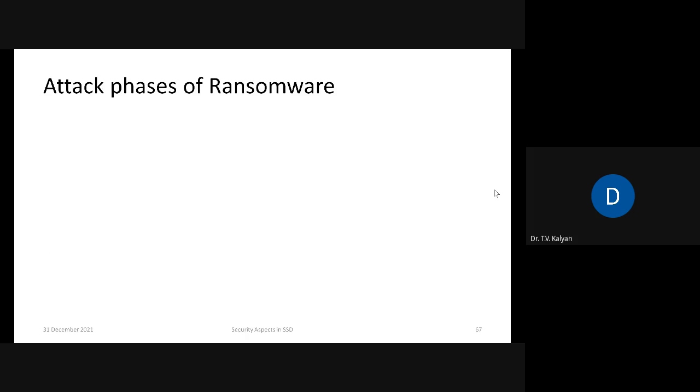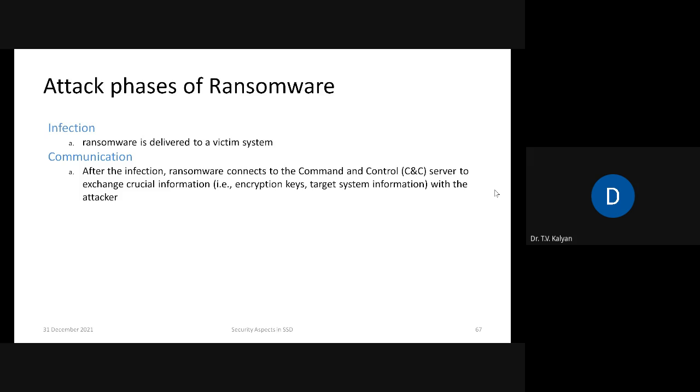And the typical phases of a ransomware attack are, first, the infection. The malware would enter into the system in one of the many channels that I have mentioned, right? Then it would communicate with the command and control server, which is actually maintained by the attacker, saying that this particular system is ready to be encrypted, etc. And it will ask for the encryption keys, and it will also share all the information of the target or the victim system, right?